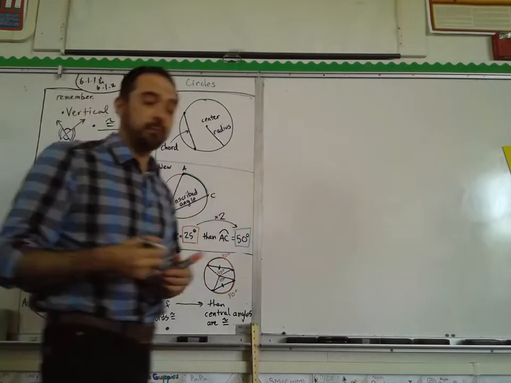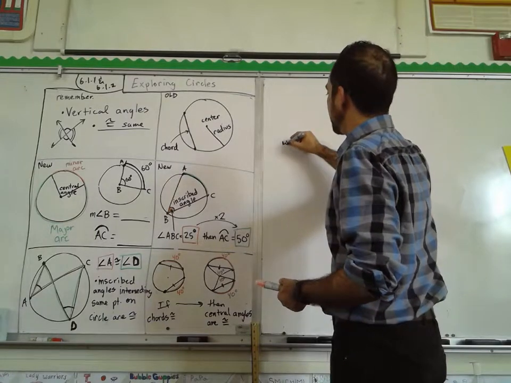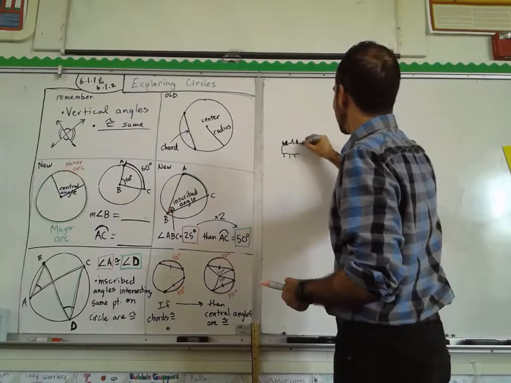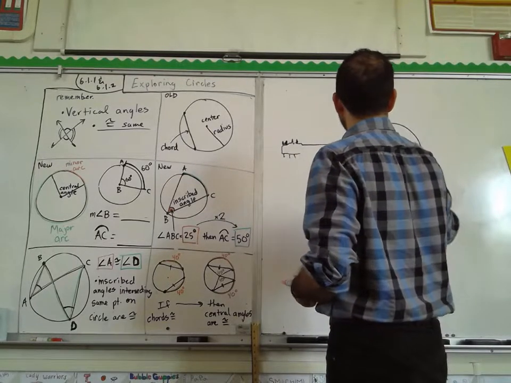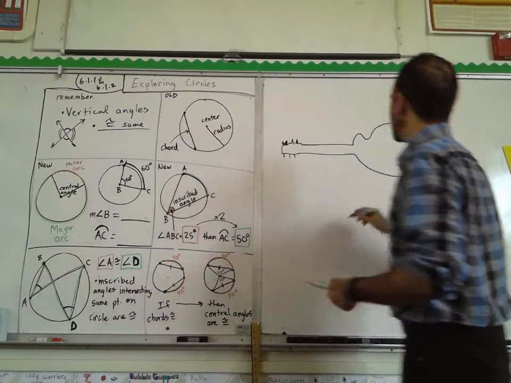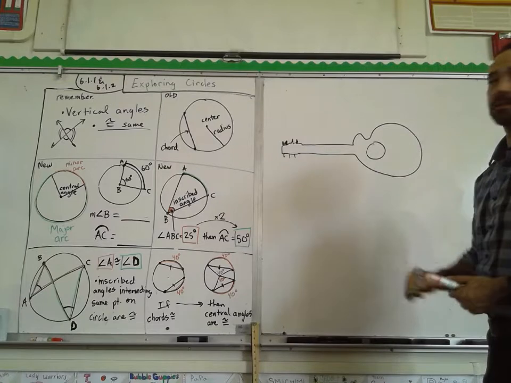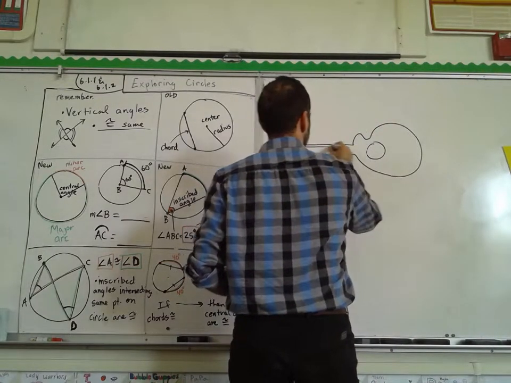The way I remember chord is I think of guitar, right? Here's the hole of the guitar. I think of guitar because I play guitar, so I think about this stuff.